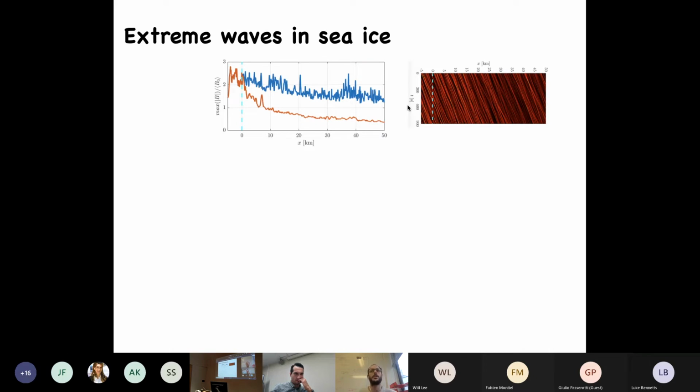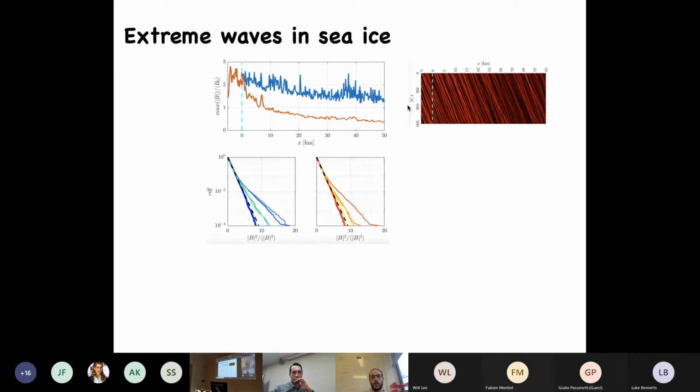Now, we can use this simulation also to study some of the extreme events in this field. As you can see here, I plot the maximum value for the two cases. We still have some large waves deeper in the ice, but there is this tendency to decrease, similar to the one that we have for the wave amplitude, clearly. But what we want to do is to look at the probability density function.